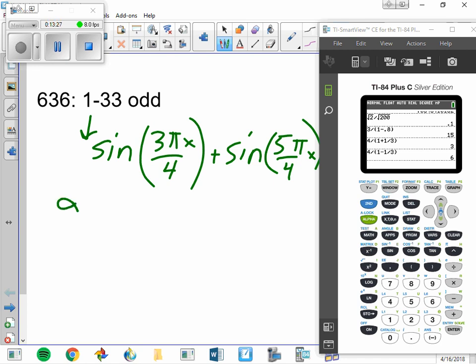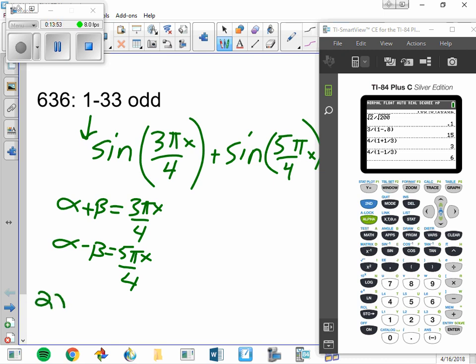Okay. Well, I know that alpha plus beta is equal to 3 pi x over 4. Everybody okay with that? And I also know that alpha minus beta is 5 pi x over 4. So I'm just going to use elimination. 2 alpha, those cancel, is equal to 8 pi x over 4, which simplifies to be 2 pi x.